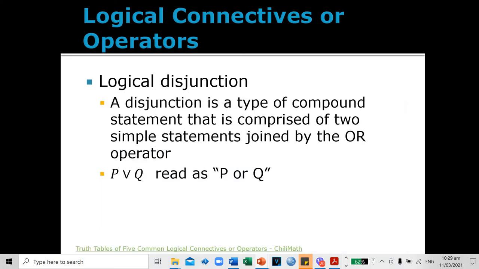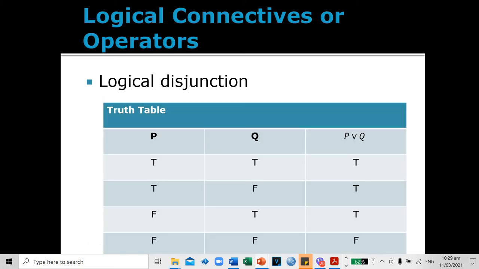For logical disjunction, it's still composed of two statements that are joined by the operator or. In symbols, it is the inverse, so it looks like a V. We read this as P or Q. For our truth table, what is different here from conjunction is that if at least one is true, then the conclusion will be true.